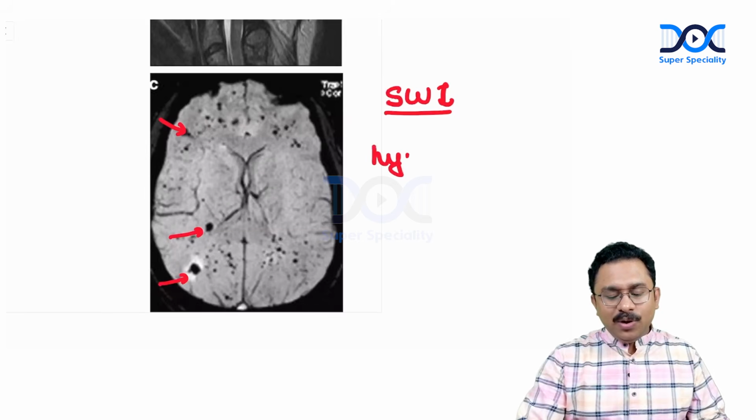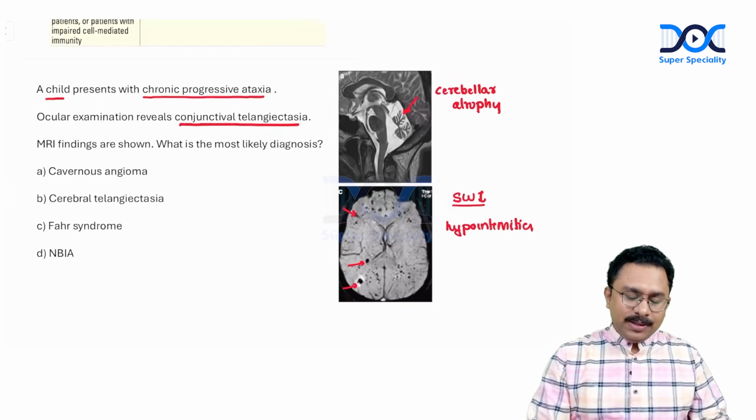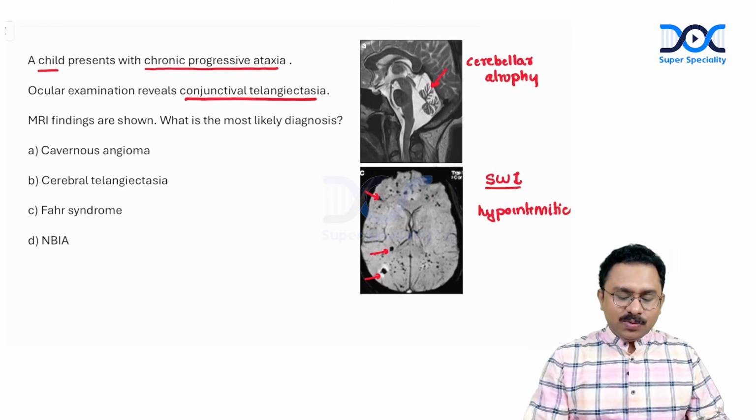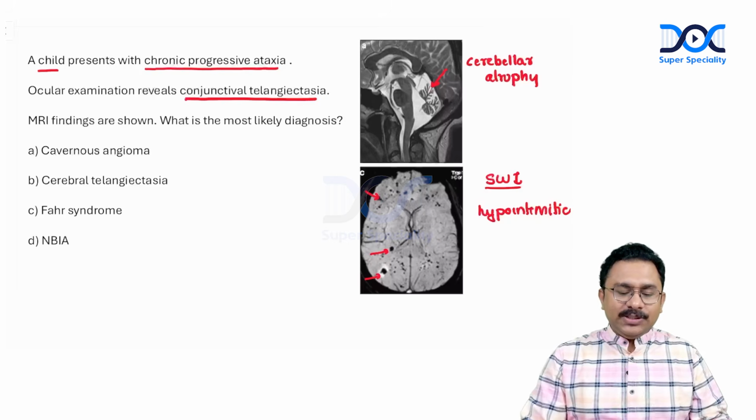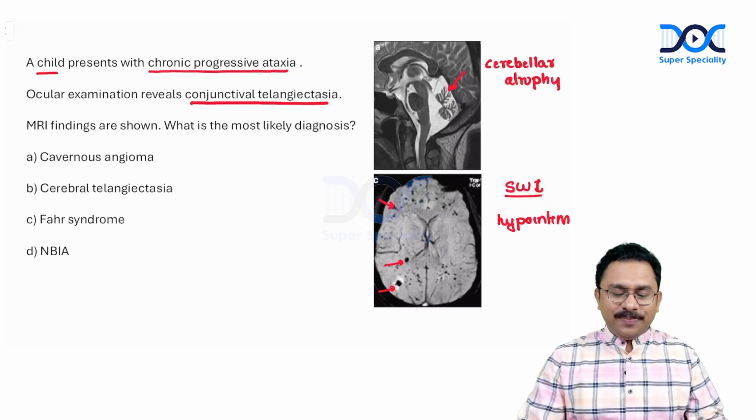So SWI showing hypointensities. Okay, right. So what do you think is the most likely diagnosis? Is it cavernous angioma, cerebral telangiectasia, FAR syndrome, or is it neurodegeneration with brain iron accumulation?